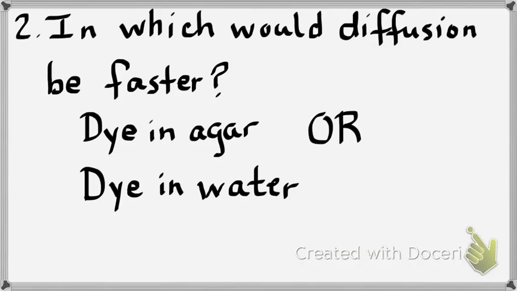Okay, number 2. In which would diffusion be faster? A drop of dye in agar, which is basically jello, or a drop of dye in water? A drop of dye in water would be faster. Why? Lower density. Very good.